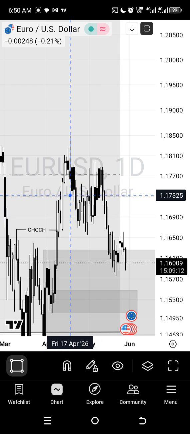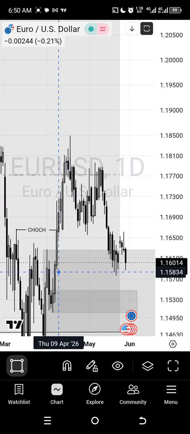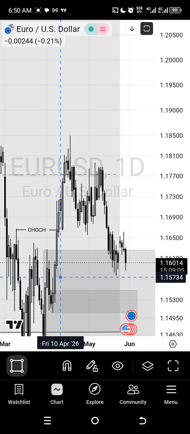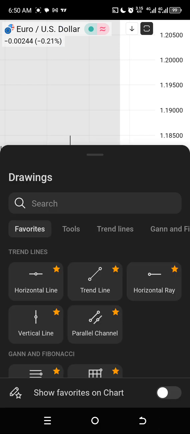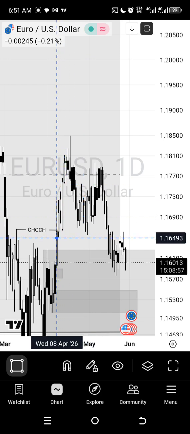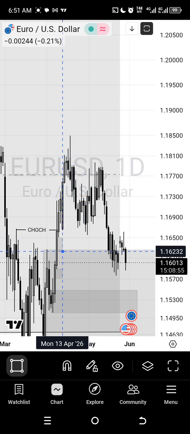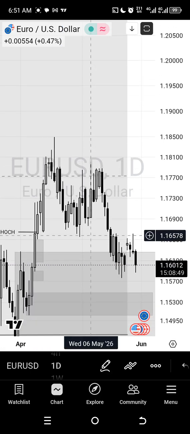I got this FVG above my order block. I also got this FVG above my order block. Another thing is I also got a downtrend here.